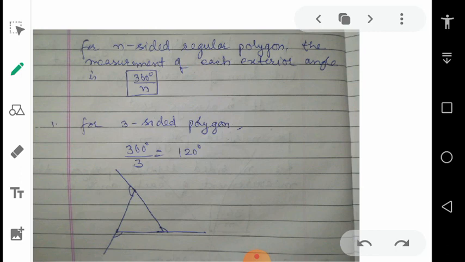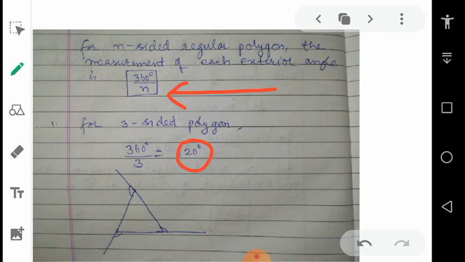The value of each exterior angle is 360 degree divided by 3. Here n is the number of sides. In a triangle, n is 3. So 360 divided by 3 will give 120. It means the value of exterior angle in a triangle is 120 degree.